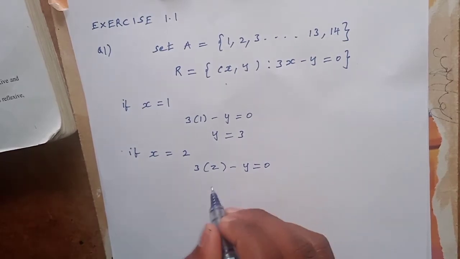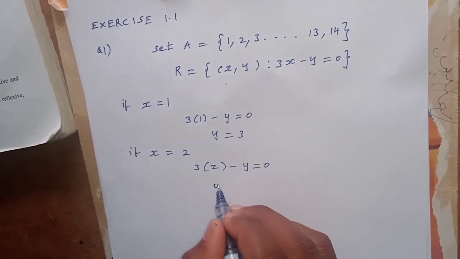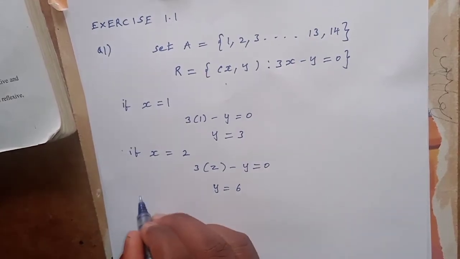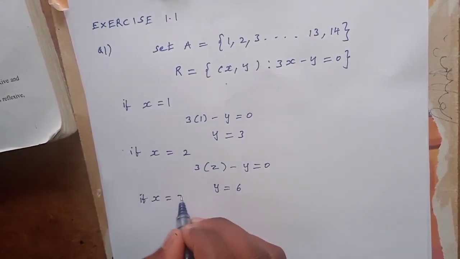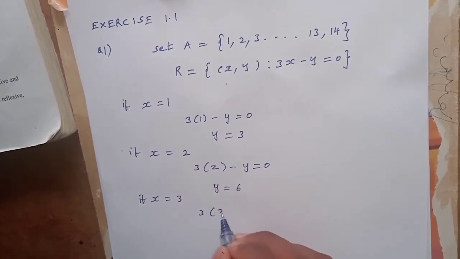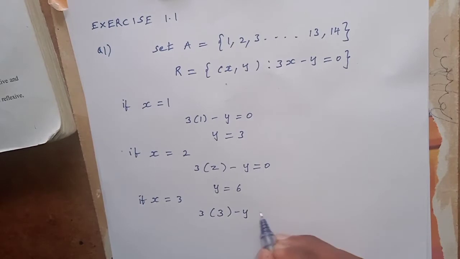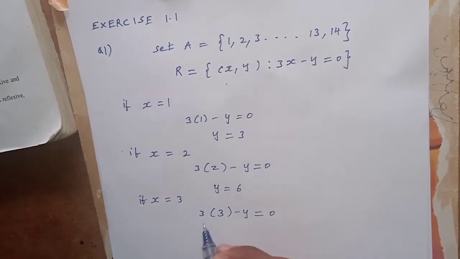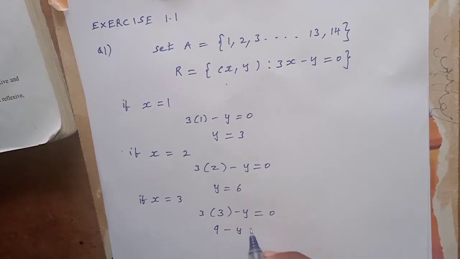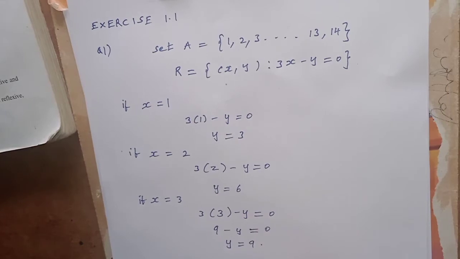Therefore 3 2s are 6, so y equal to 6. If x equal to 3, 3 into 3 minus y equal to 0. Therefore 3 3s are 9, 9 minus y equal to 0, so y equal to 9.